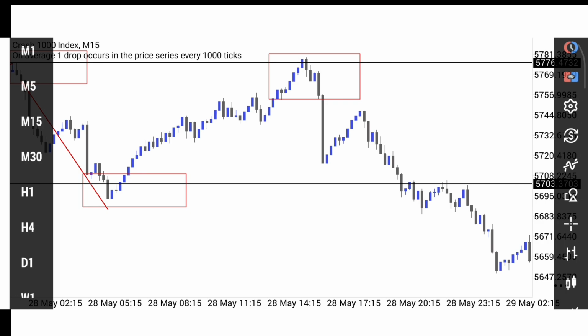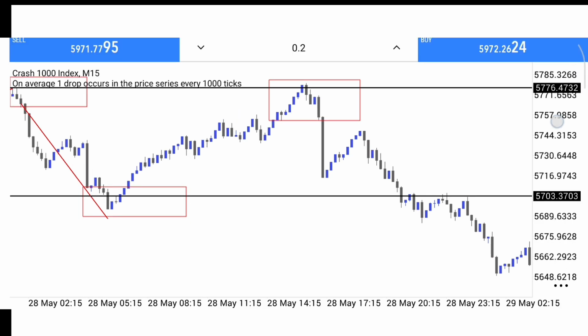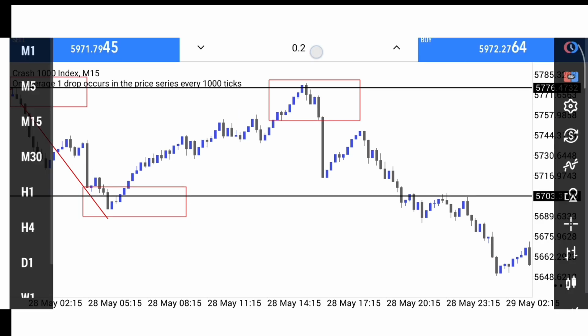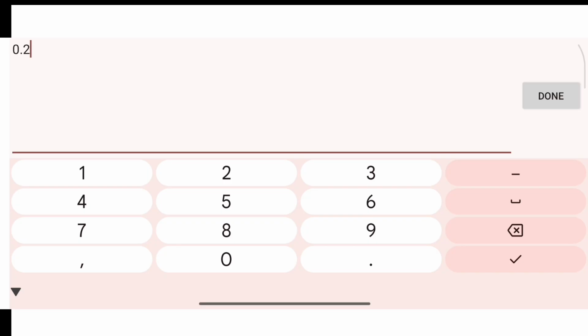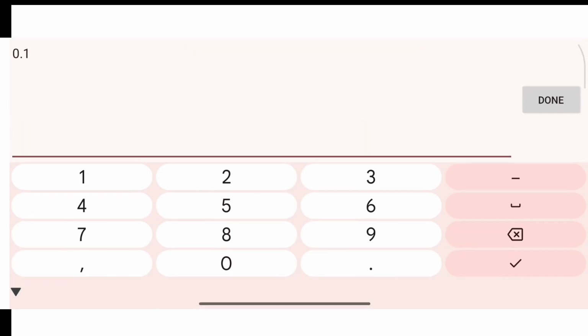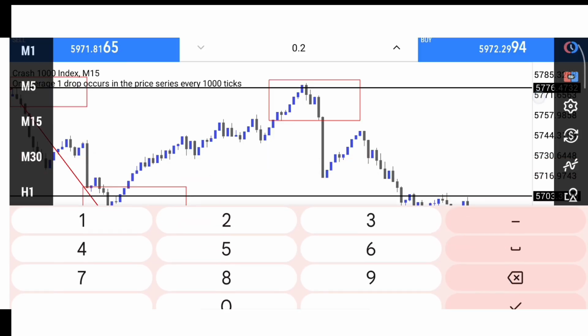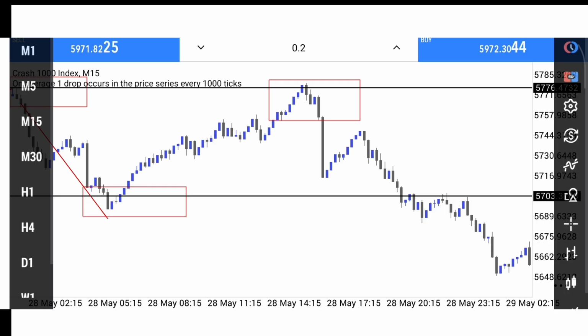Now, if you want to trade this, for example, the smallest lot size for Boom and Crash is 0.2. You see that when I use 0.1, it didn't work. It created a red, which means that you will not be able to trade it with that lot size.